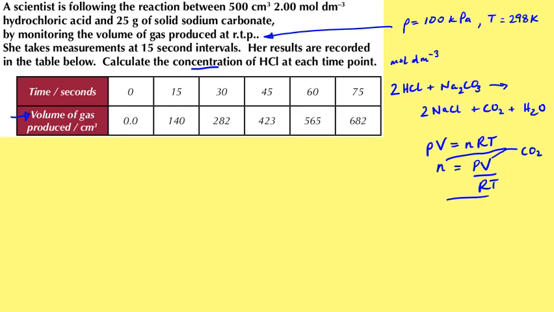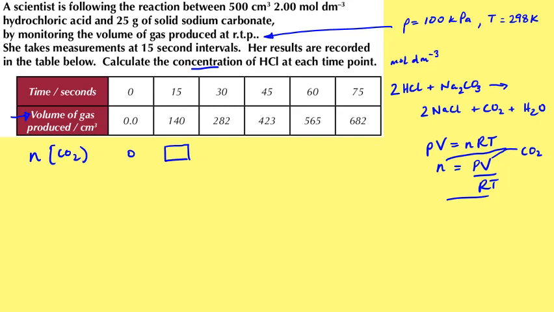So what we can do is add a row to our table, so we could say moles of carbon dioxide here, and that's going to be 0, of course. So what we're going to do is work out the moles of carbon dioxide at 15 seconds. So I'll just switch colours just to make it a little bit clearer.